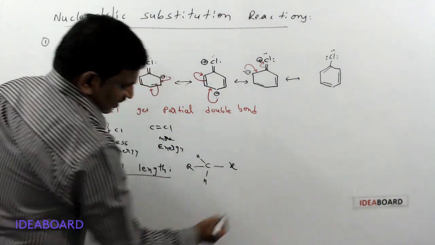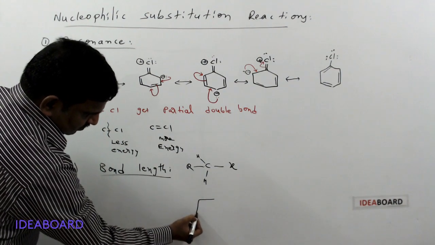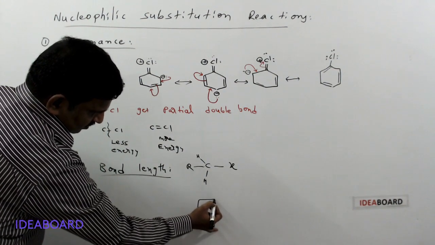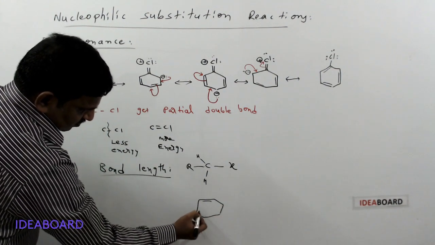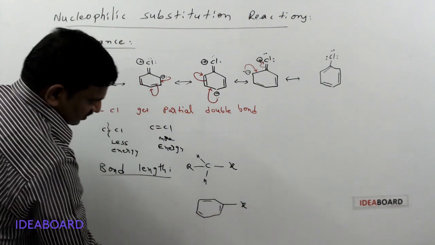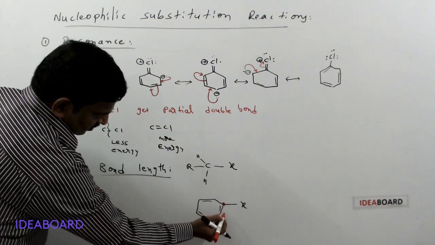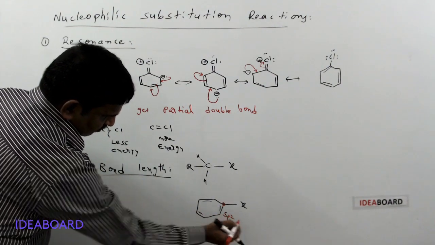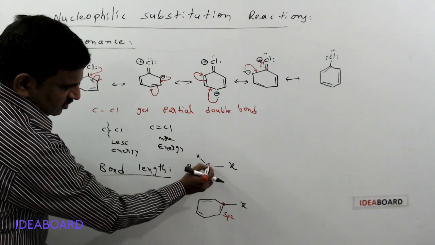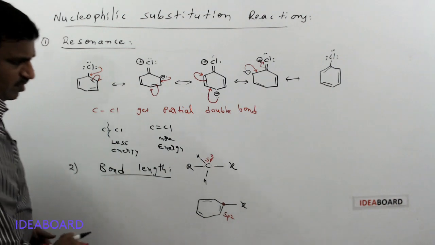And I am taking an aryl halide, which means a benzene ring is present, with double bonds, and here there is an X. What is the carbon atom here? This is sp2 carbon, and this is sp3 carbon. Alkyl halide means sp3 carbon.